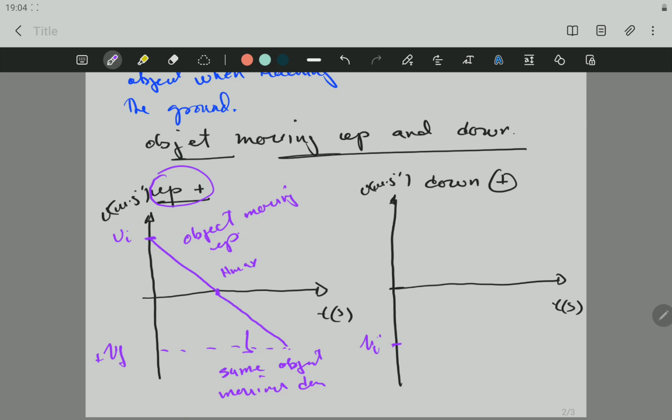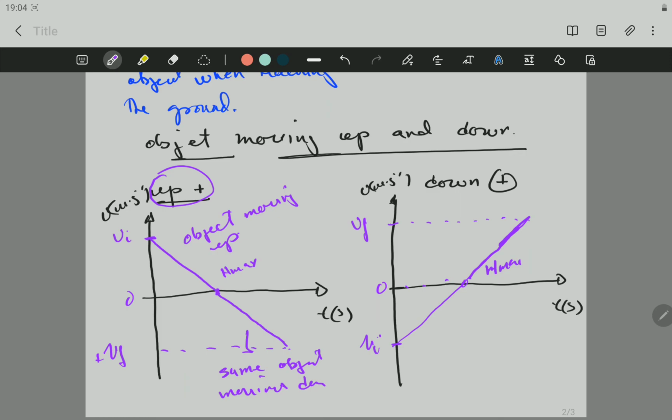And it's going all the way up until the velocity is 0 here. That is the maximum height, the velocity of the object at the maximum height. What does the object do here? It changes direction and it's going down, but down is going to be positive now. That is why it's going to a positive answer. So this is when an object is moving up and down. Up is positive, down is positive.